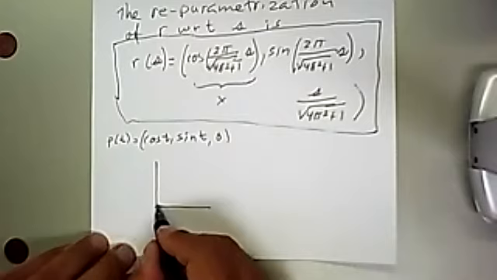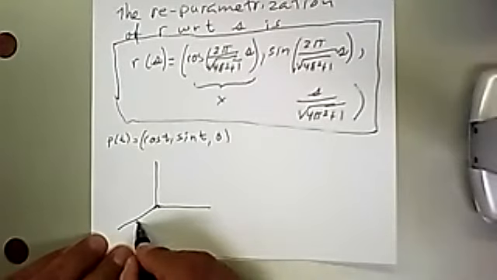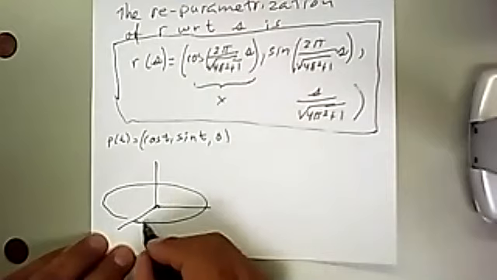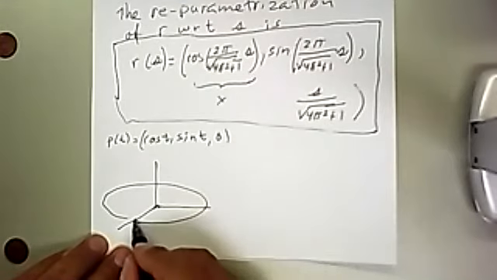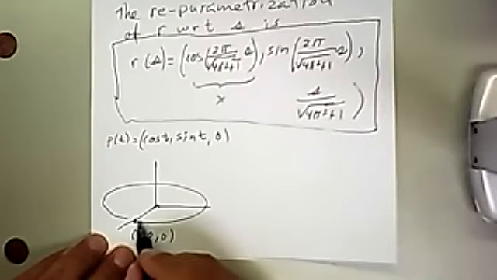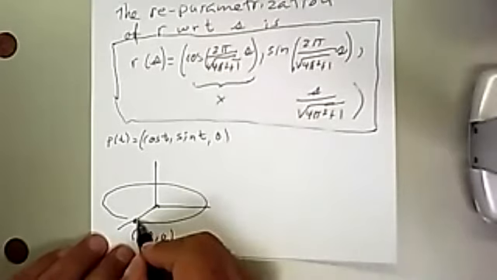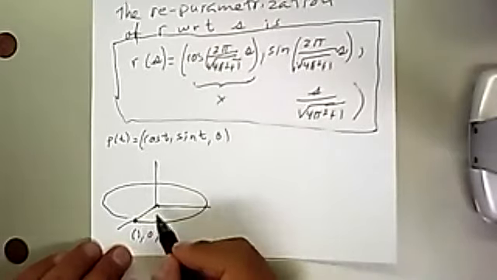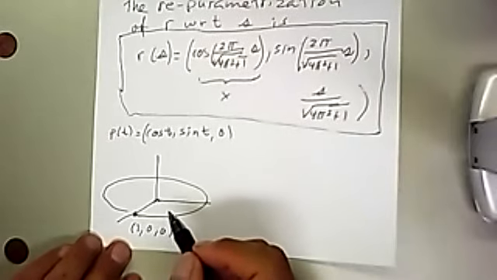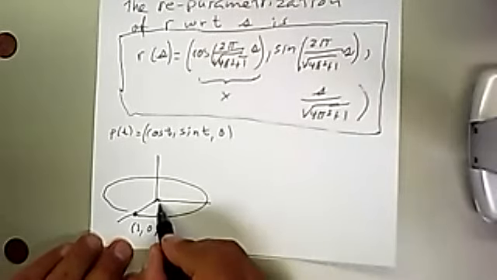As t increases, we draw the circle and it just keeps going around and around as t keeps increasing. So we get a full revolution when t equals 2 pi. Here's 0. When t is equal to 0, we get 1, 0, 0. And then we go around, and when we come back to 2 pi, we come back to the same point.